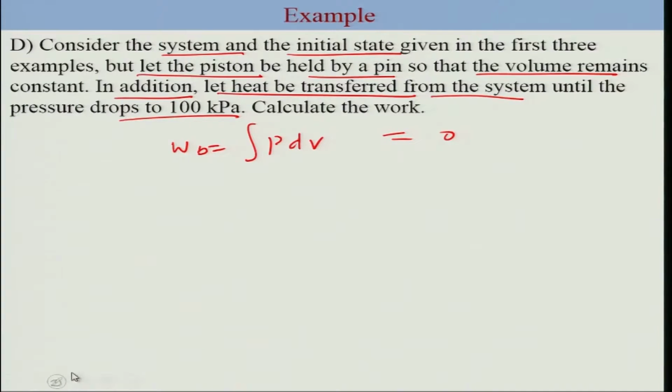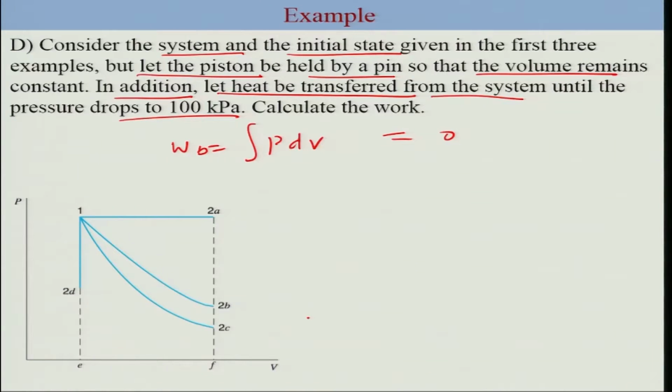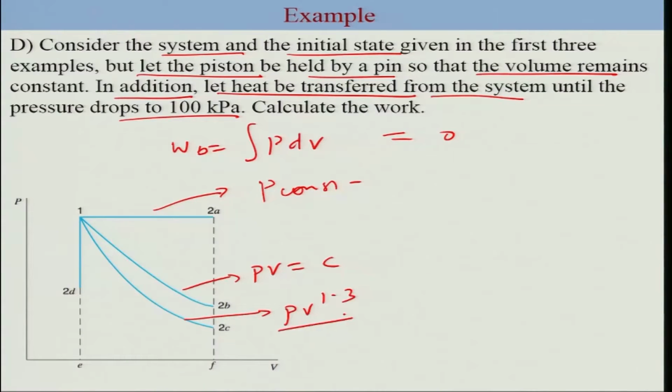So let us summarize all the 4 parts of this example in a graph. So this is the pressure volume diagram, and this represents the different processes which we have considered. This is the constant pressure process. This was the case where we considered isothermal. This was the case which we considered, 1.3 polytropic, and this is the case where the volume was constant.